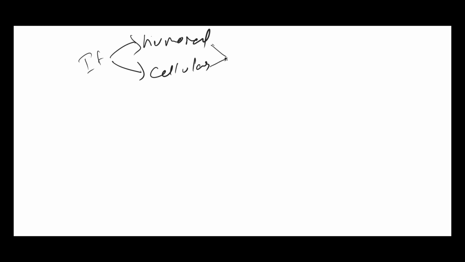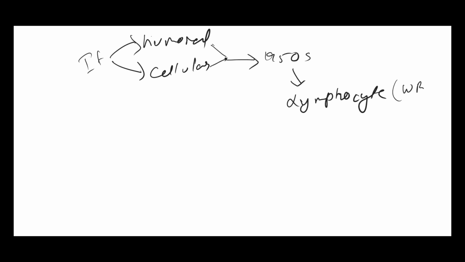In the 1950s, they discovered the lymphocyte. What is this lymphocyte now? This is a white blood cell, WBC. Earlier it was thought that it is responsible for both the cellular and humoral.